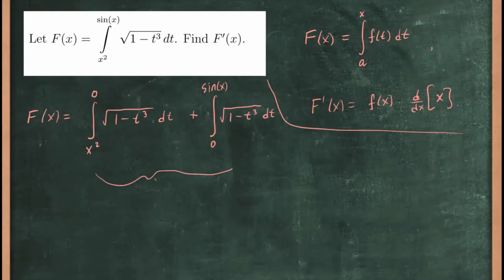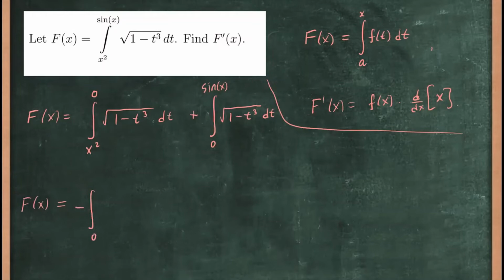So now we can use the fundamental theorem of calculus, almost. The second piece is fine because you have 0 to a function, that's good. But for the first one, we need to make sure x squared becomes the upper limit of integration instead of the lower limit. So we switch the limits of integration. So again, our F of x is equal to, when you switch the limits of integration, by one of the properties, you have to put a negative sign in the front.